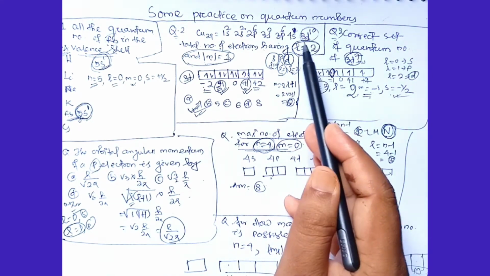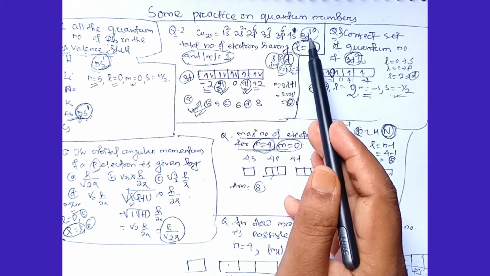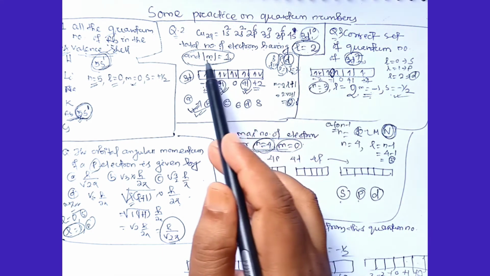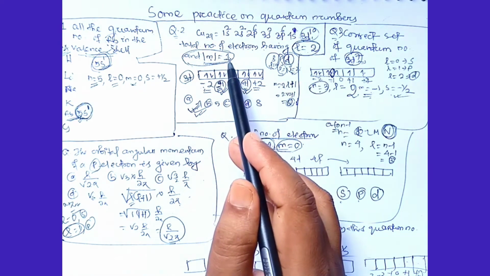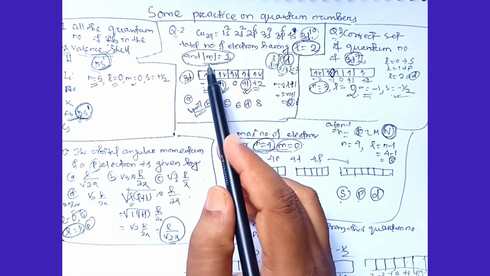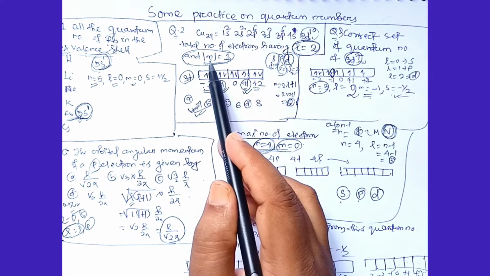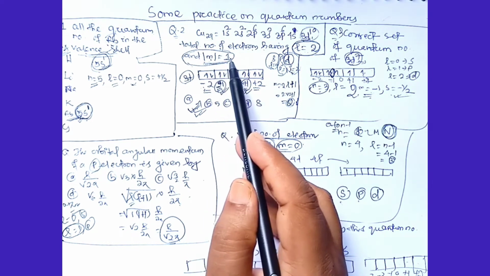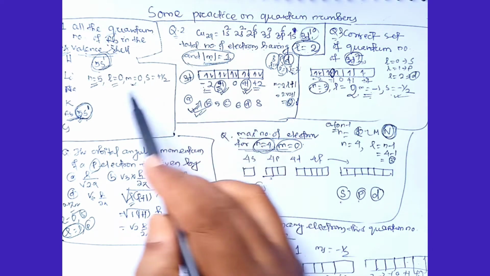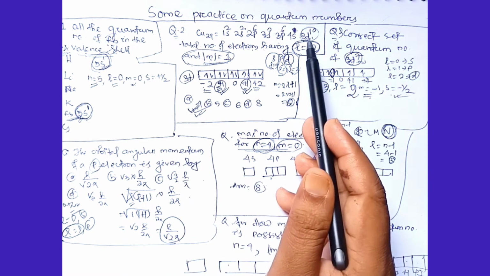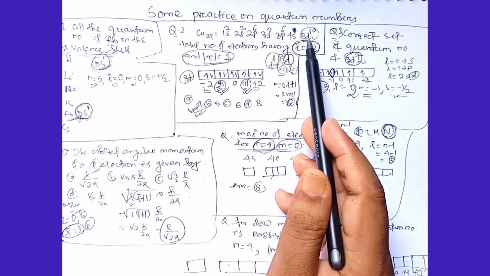In this d subshell, we have to find the total number of electrons in particular when mod m equals 1. That means we have to take the values of the magnetic quantum number, both plus 1 and minus 1. So in the d subshell, how many orbitals are there?